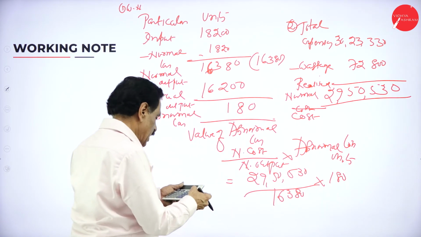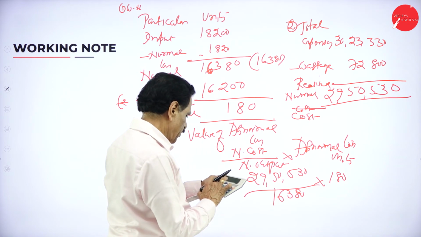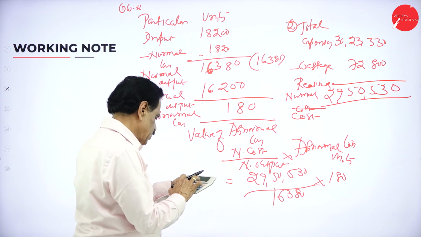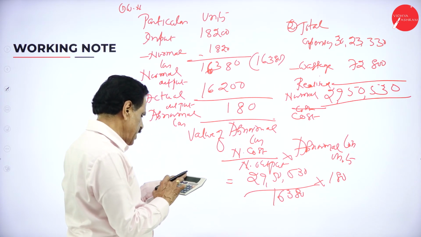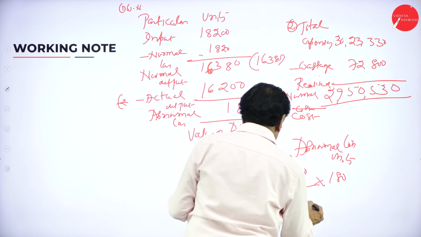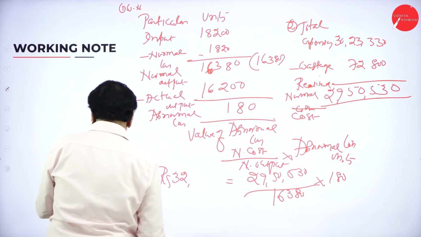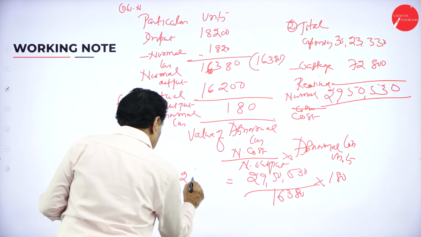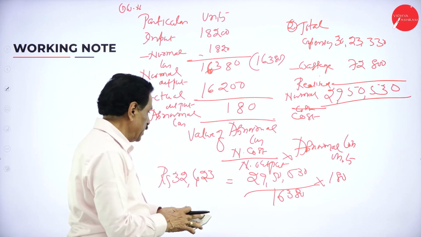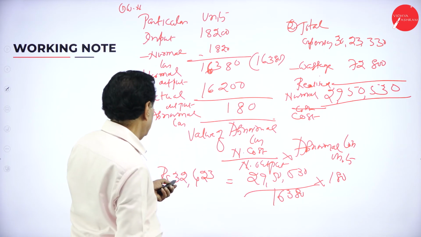So 29,50,530 divided by 16,380 into 180 is 32,423. 32,423 is the amount realized on abnormal loss of 180 units.